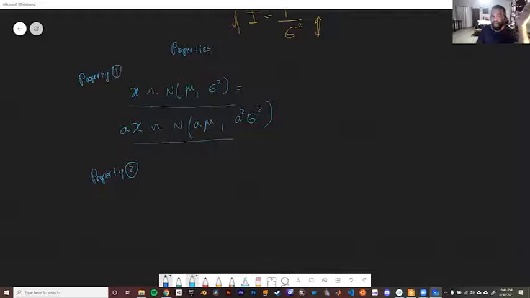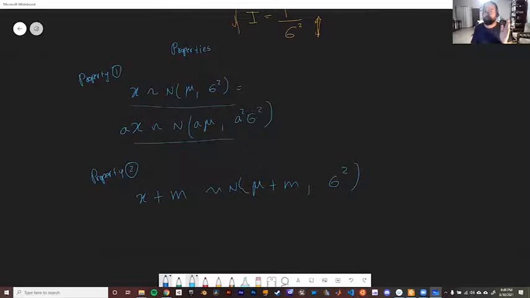Property 2 is, let's say you add something to the random variable, say you add a certain value m to x. What will happen then is you will have the same normal distribution, and your mean is simply going to shift by this value, but your variance is not going to change because you haven't multiplied anything, you only shifted the mean.